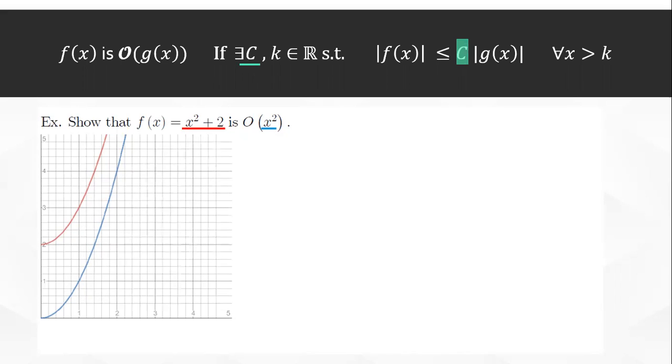So there's any number of answers to this, right? You're picking a pair, a c and a k pair. The one I'm going to go with is I try and draw the line 3x squared. And sure enough, the purple line there gets above the red line. When? At 1. So I'm going to let my c equal 3 and my k equal 1.